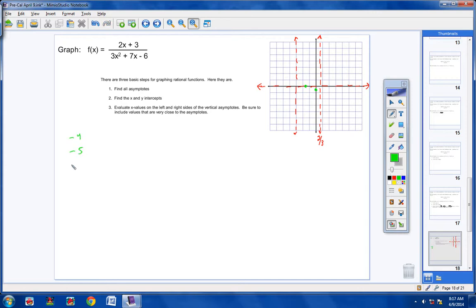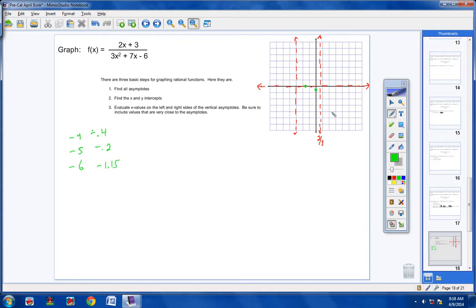Now I already have this typed into my calculator, and so negative 4 is going to give me negative 0.4. Negative 5 is going to give me negative 0.2, and I'm rounding, of course. And then negative 6 is negative 0.15.